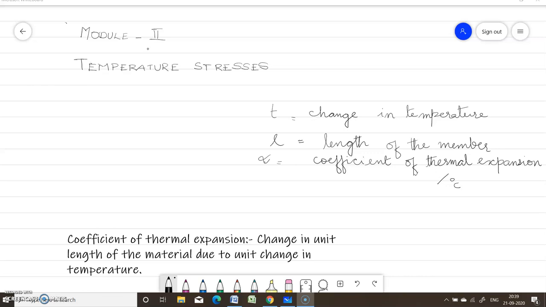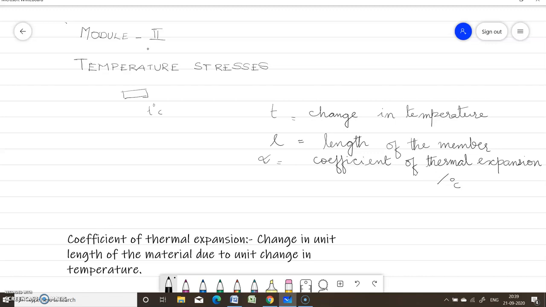So every material expands when temperature rises and contracts when temperature falls. The change in length due to change in temperature is found to be directly proportional to the length of the member. For example, if you have a small bar like this, we are increasing the temperature by T degrees Celsius.